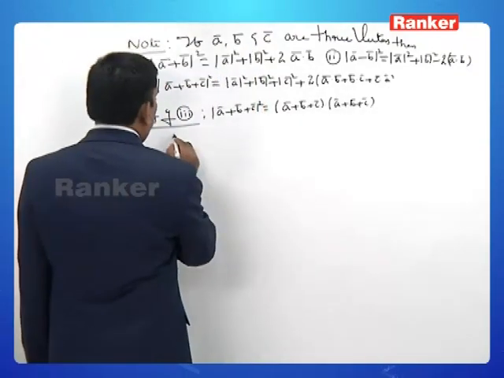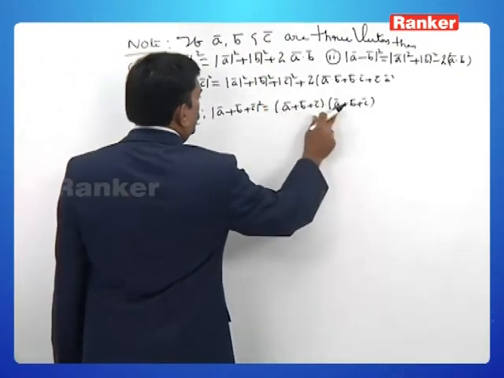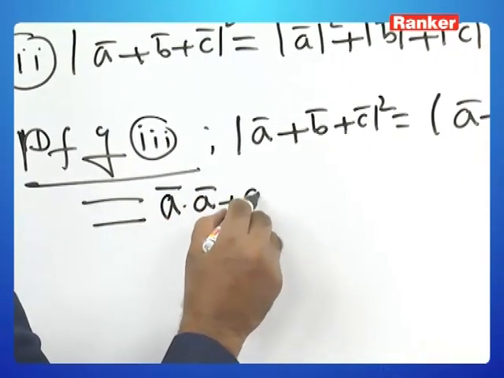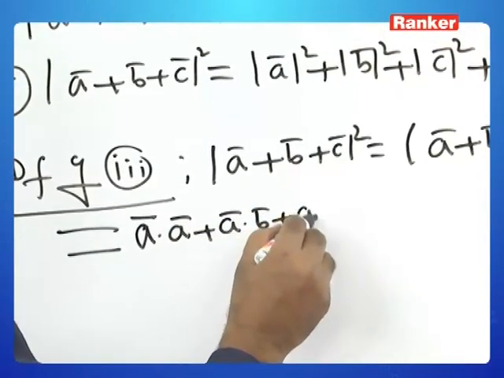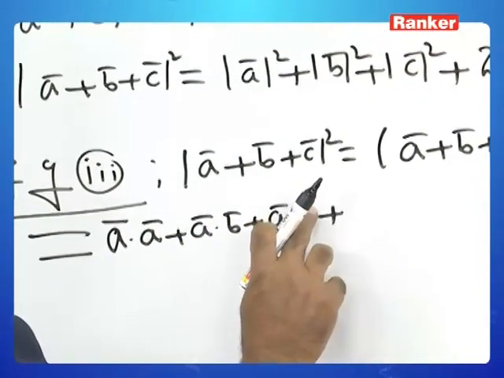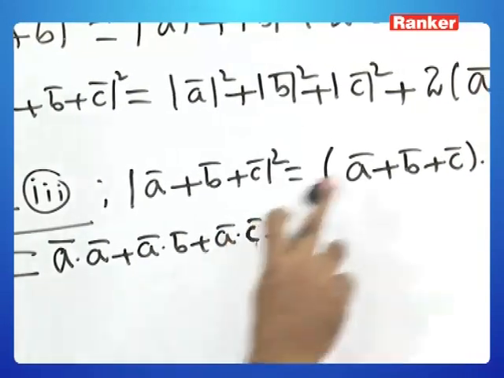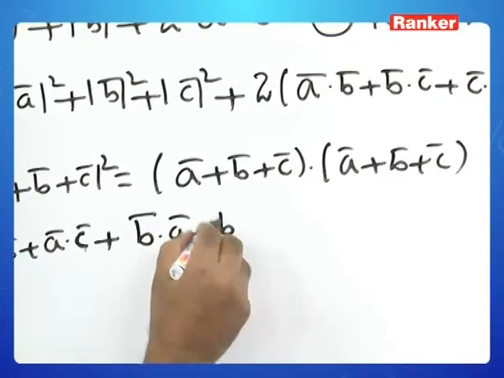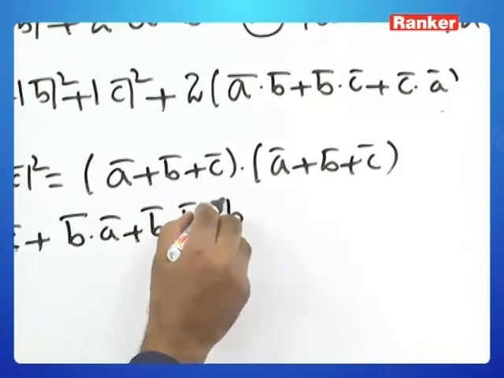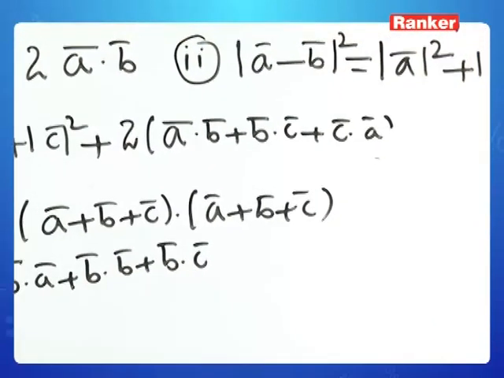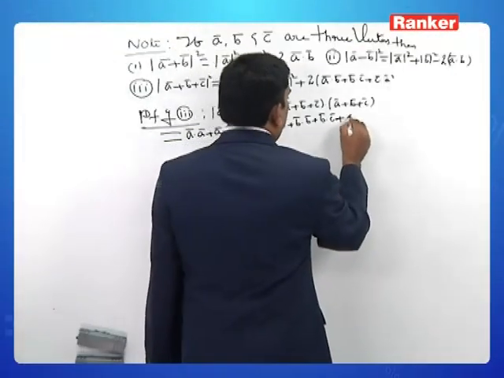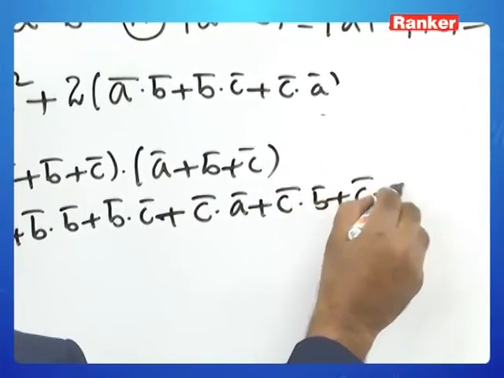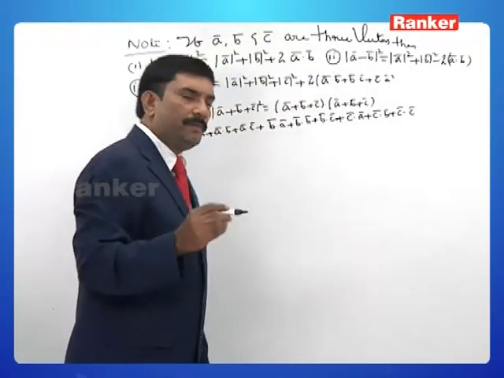This is nothing but this with this: A dot A, A dot B, A dot C. Next, this with dot: B dot A, B dot B, B dot C, plus C dot A, C dot B, C dot C.